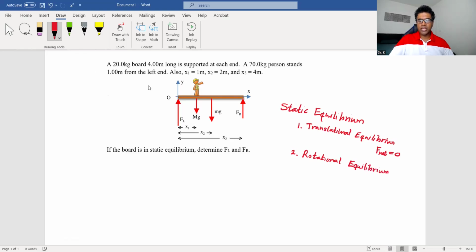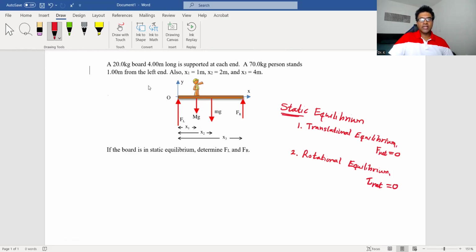That's the net torque about any point on the system or the object that's equal to zero. So that's what we call static equilibrium. It's just these two conditions.